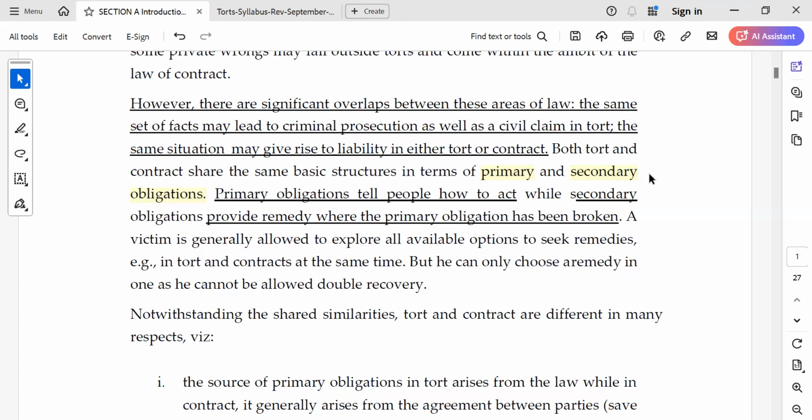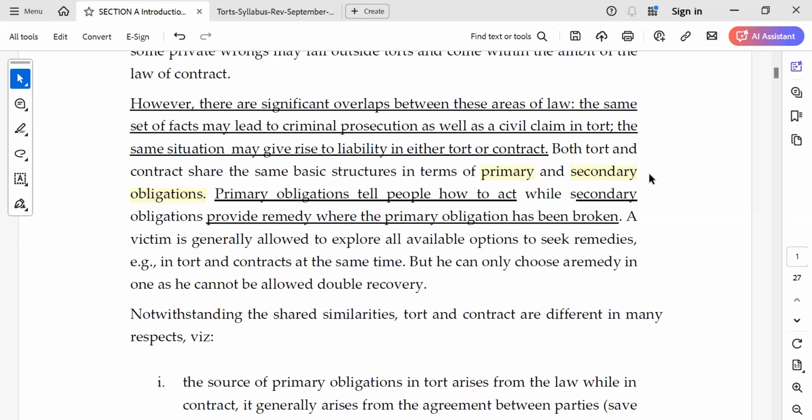So the secondary obligation says what happens when the primary obligation has been broken. If I'm not watering the plant, that means the primary obligation has been broken. At that time, what remedy should be given to that person? That is considered in the secondary obligation. So remember these words, okay? And we'll see how they come up.